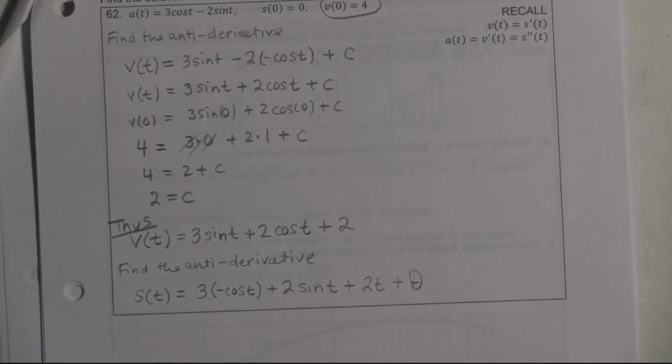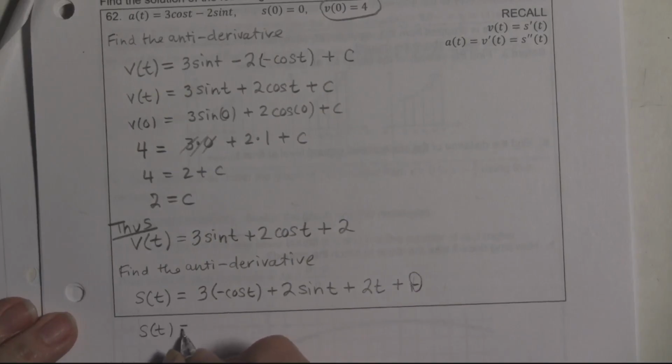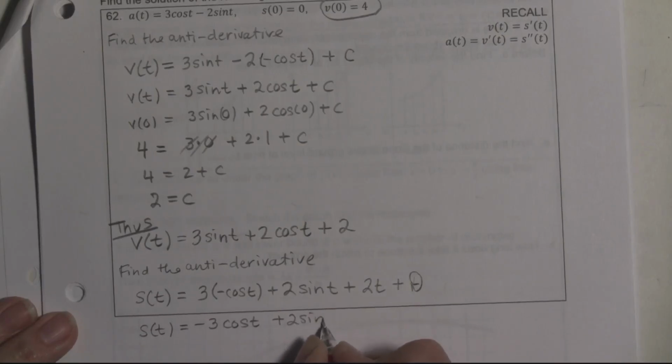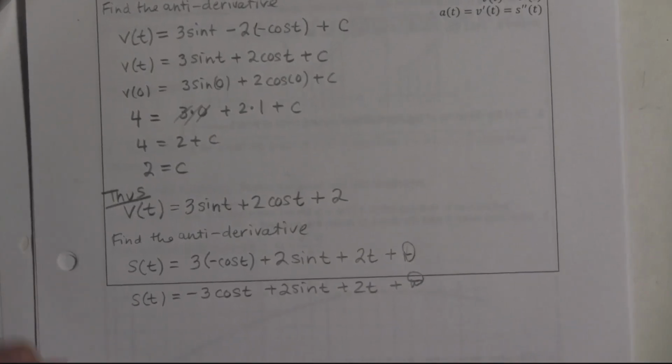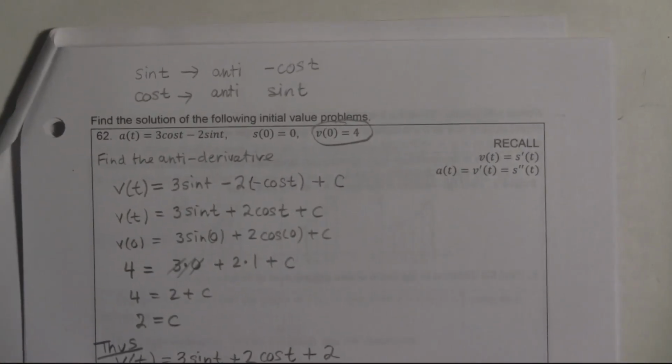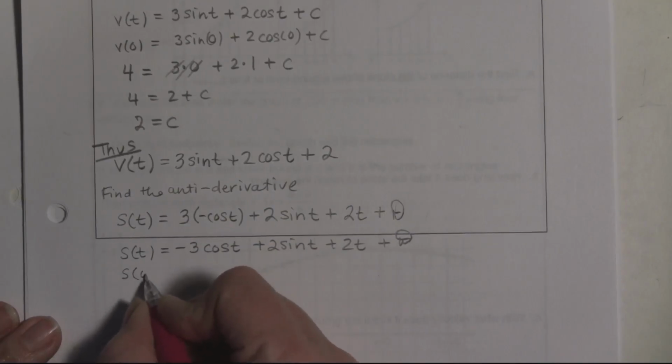Okay, so I'm going to clean this up and make a note to myself that maybe you needed more room if you're going to write so many steps. You get where you can probably skip a few of these steps. Now we're going to find the fancy D. They had told us that s at 0 equals 0. So we're going to put in 0 for t.